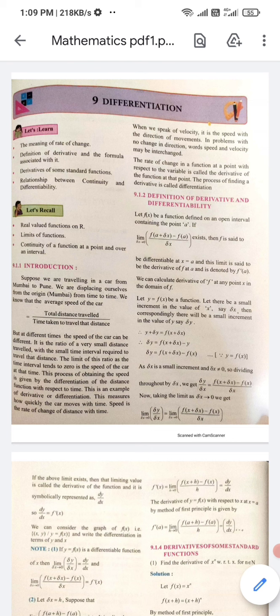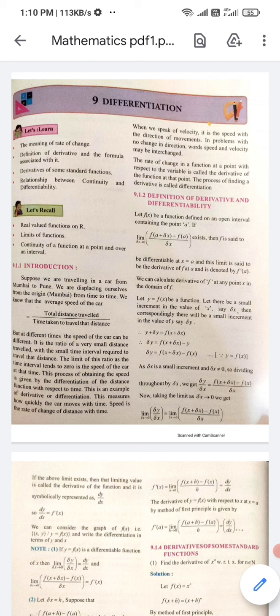Suppose y is equal to f of x be the function and a small increment of the value x, say delta x. Similarly, y gets delta y. So on both sides we have to add small increments. y plus delta y is equal to f of x plus delta x.